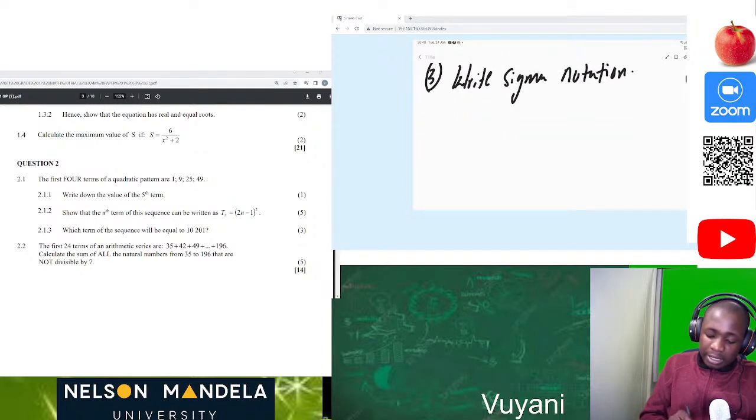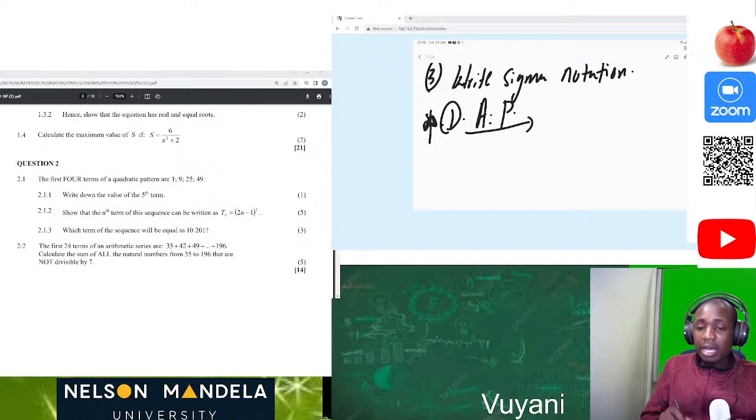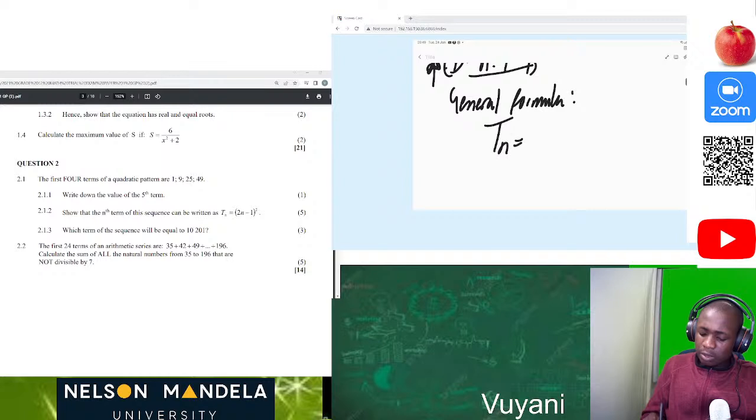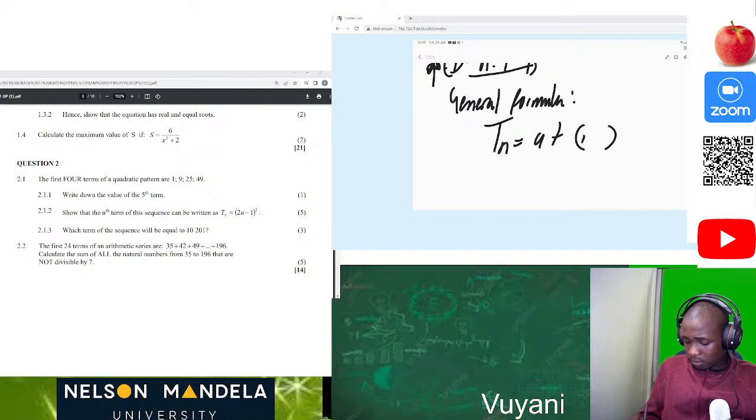So on number patterns, we were taught that in grade 11 we have the arithmetic pattern, which is also AP, arithmetic pattern, which has a general formula, Tn is equal to a plus (n minus 1) multiplied by d.